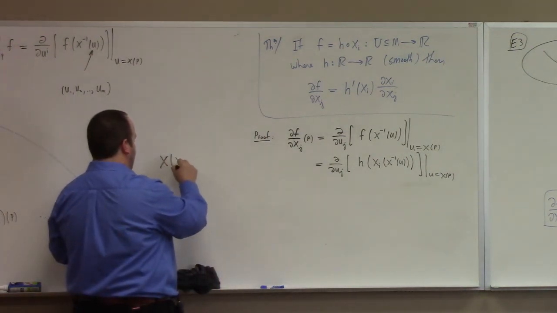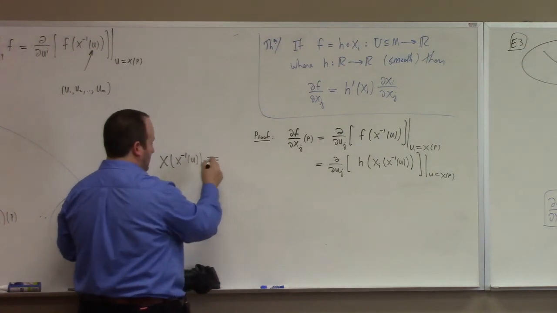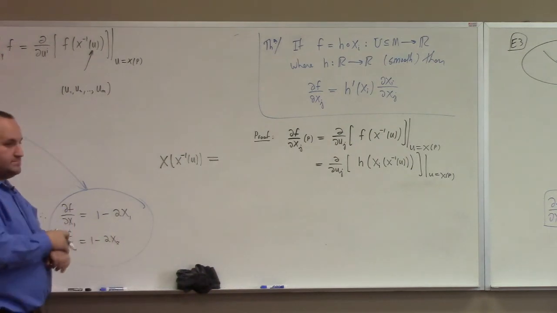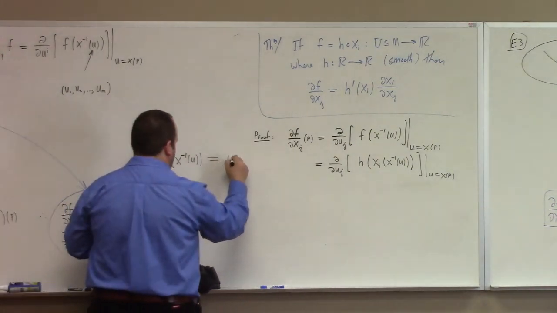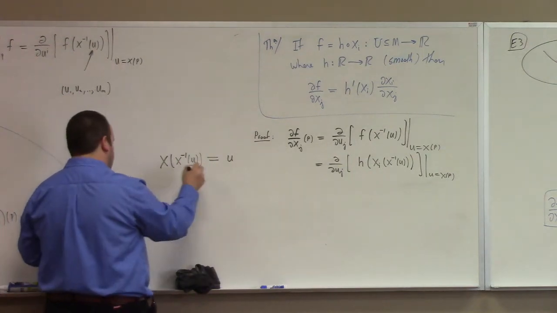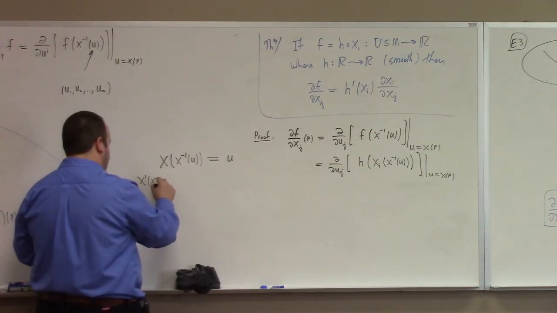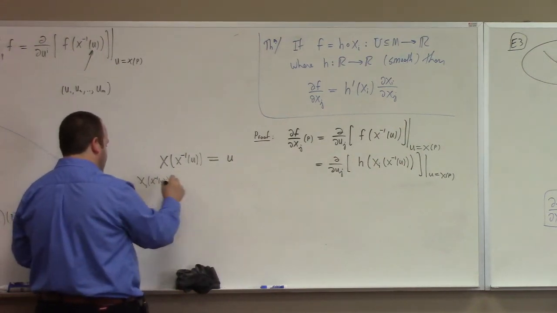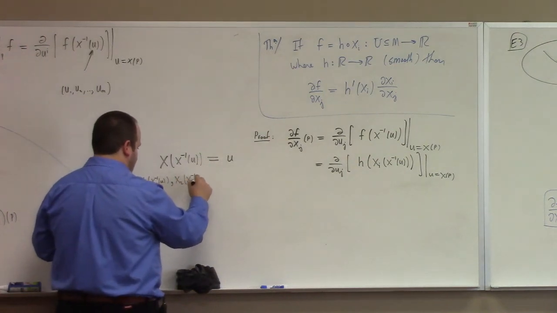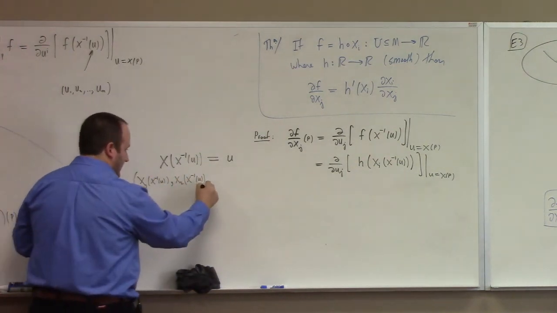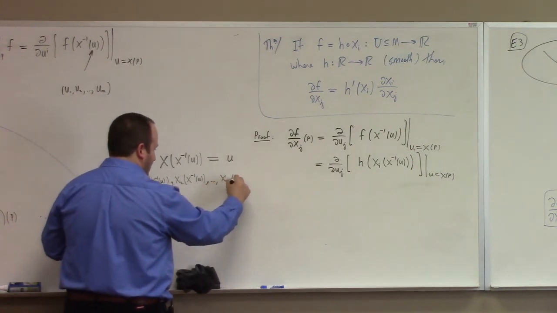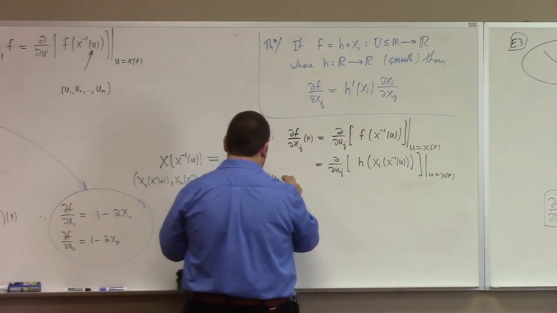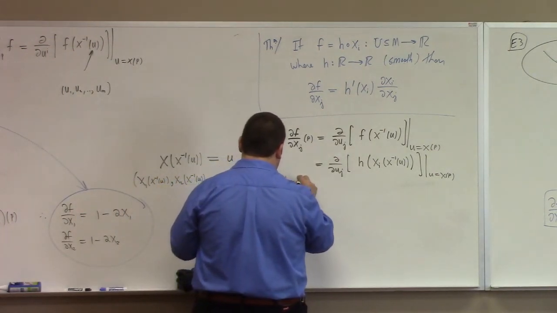If we have x of x inverse of u, what's it equal to? Just u, right. But notice what this is more fully: x1 of x inverse of u, x2 of x inverse of u, through xm of x inverse of u, is equal to u1, u2, through um.